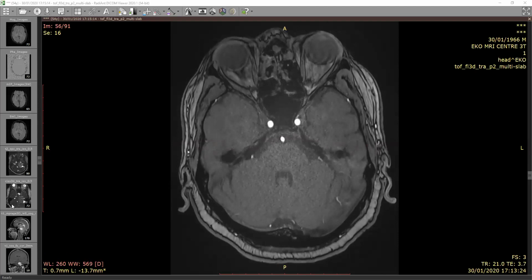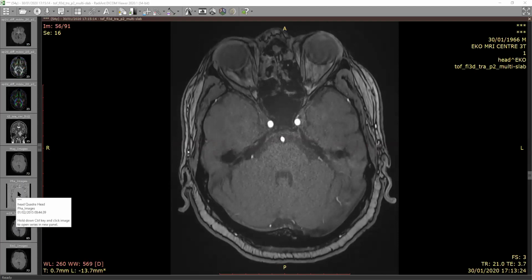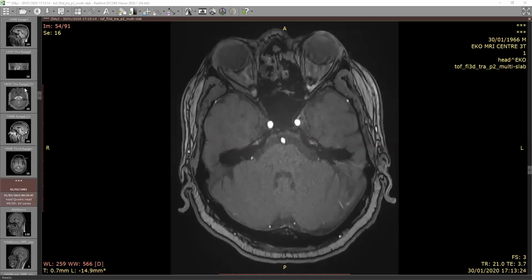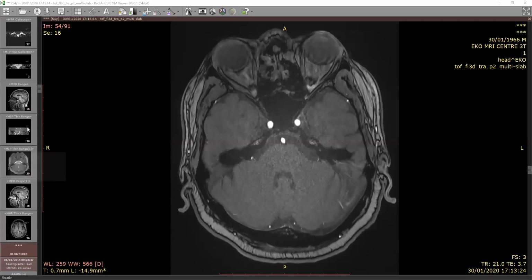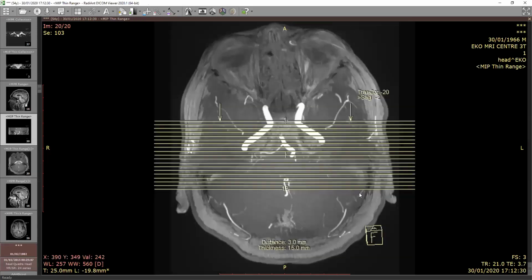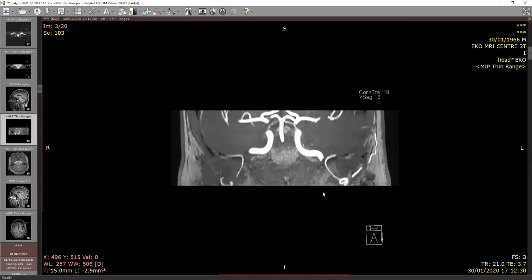Okay, then in that case, let me show you an image of an MR angiography, if that is of interest to you. Where is the study? The study. Yes. So this is called a maximum intensity projection.